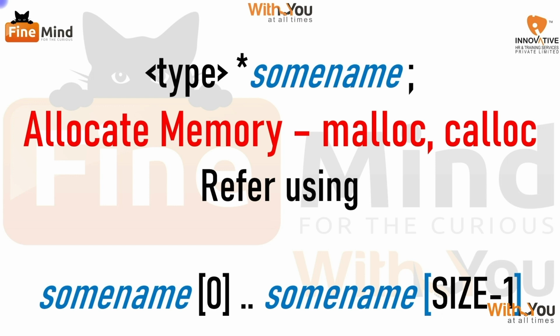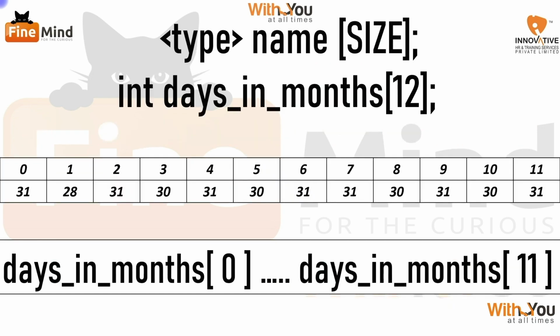So let us have a look at it visually. For example, if you have days in months, I very well know there are 12 months in the year. I know it is going to be 31, 28, 31, 30, 31, 30, 31, 31, 30, 31, 30, 31. Only if it is a leap year, February becomes 29. That is all. So it is kind of static, because I know the size during compilation time.